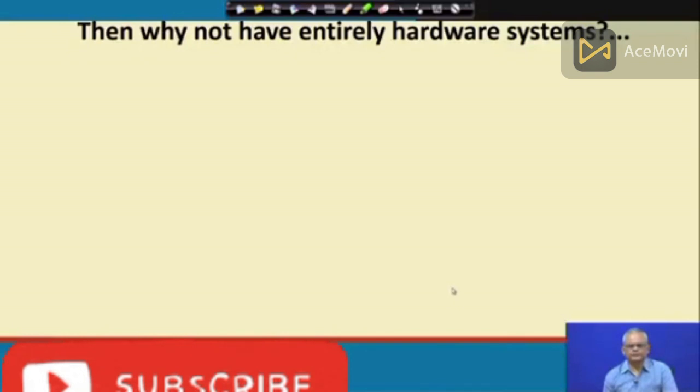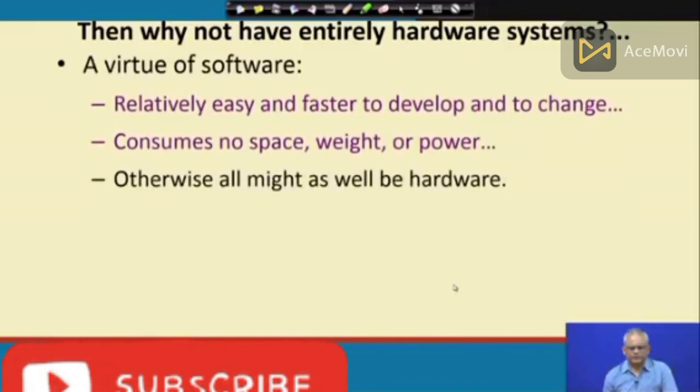Let us look at the reasons why software is indispensable, and why the use of software is actually increasing as compared to hardware. There are 2 or 3 major virtues or strong points of software which make it a preferred solution compared to hardware.